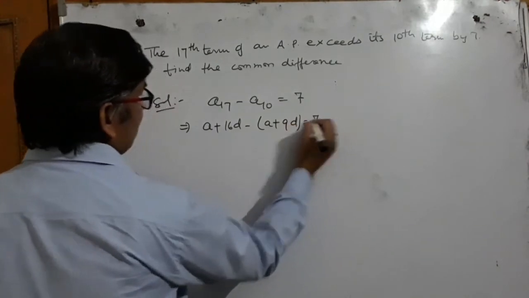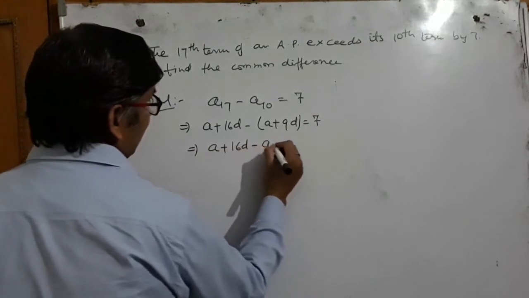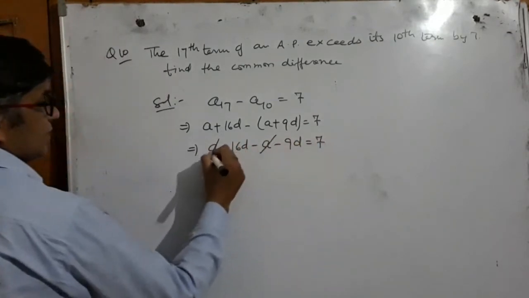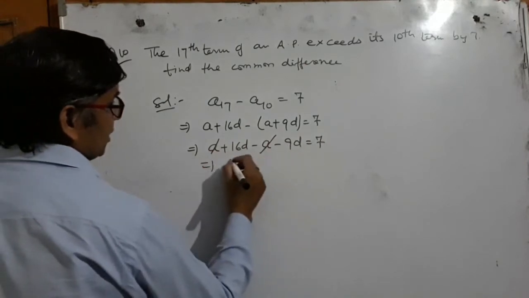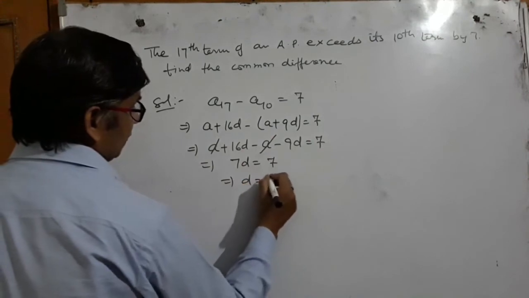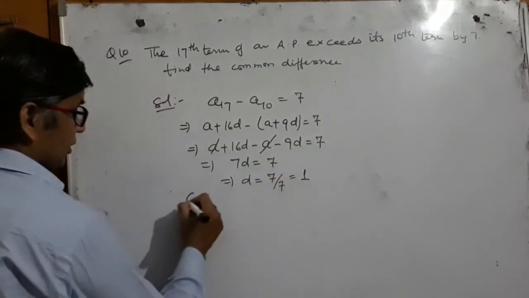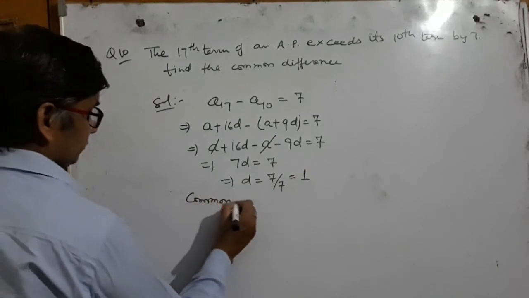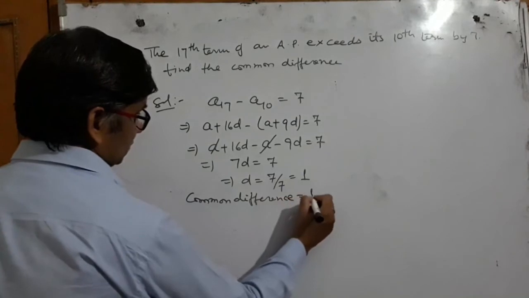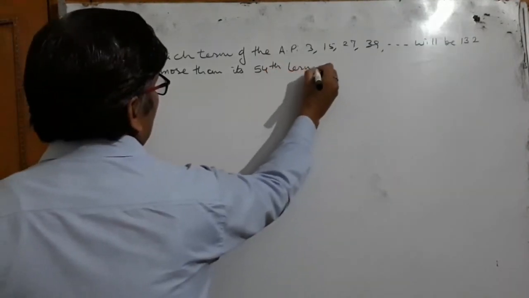A plus 16D minus A minus 9D equals 7. A cancels with A, 9D subtracted from 16D gives 7D equals 7. So D equals 7 upon 7, that is 1. So the common difference is 1. Try to understand this question.